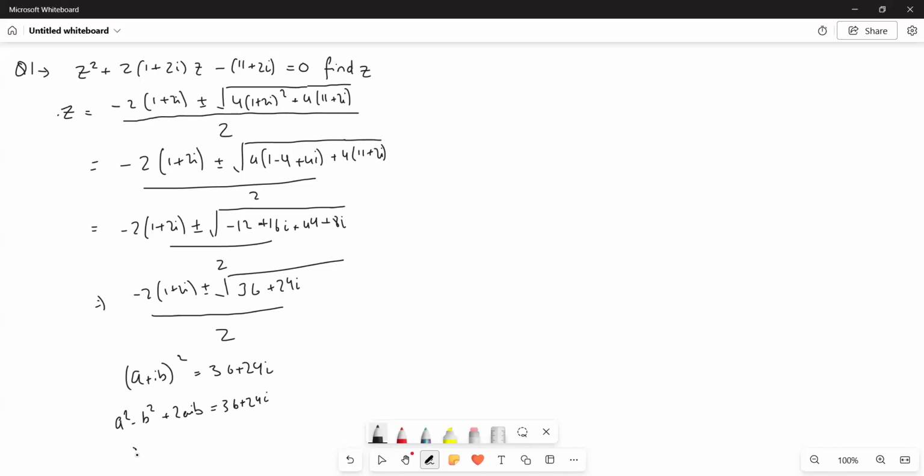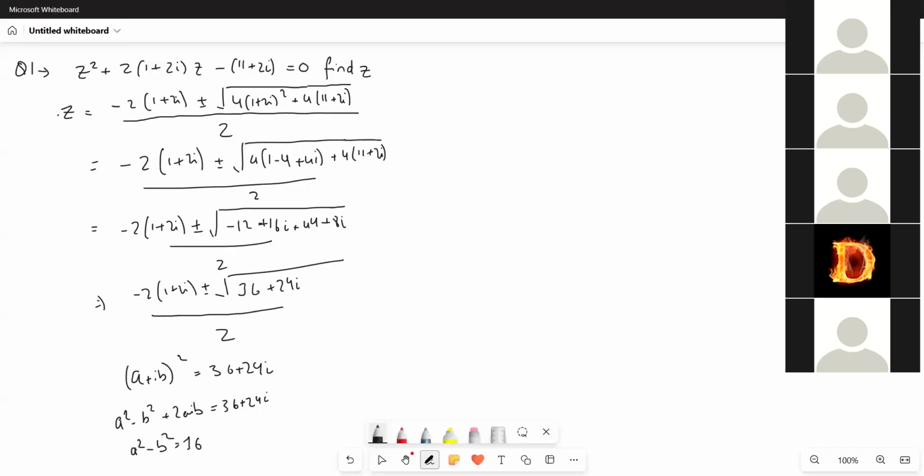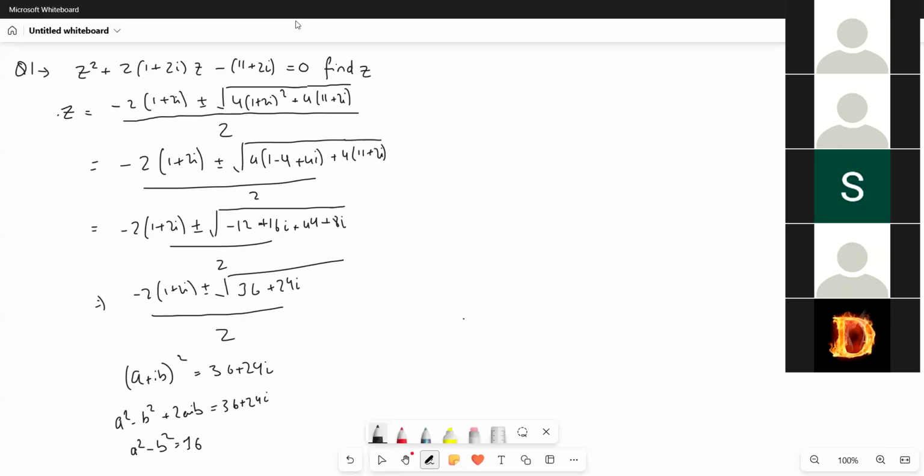So comparing the coefficients, we'll have a square minus b square is equal to 32. Student: Sir, it will be 32, minus 12 plus 44.